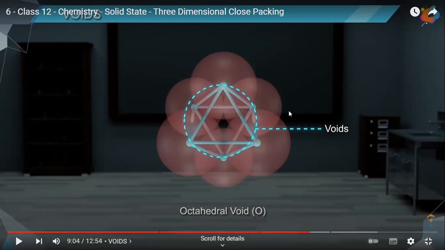The third layer placed above the second layer in the three-dimensional arrangement will not cover any of the void space. Right? This is called an octahedral void. So in the case of octahedral void, a total of 6 atoms surround it, 3 atoms in the above layer and 3 atoms in the below layer. So you can see the void space clearly here. Okay, that is an octahedral void.